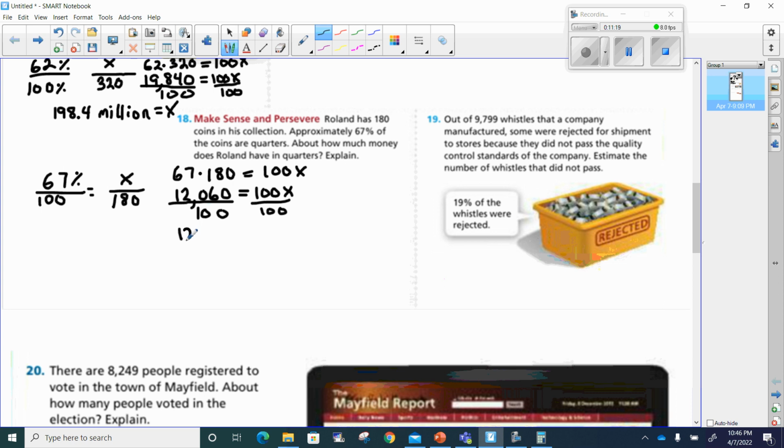That means 120.6 is equal to, oh, I'm sorry, is equal to x. We're talking about 120 of his coins. We can round that up to 121.